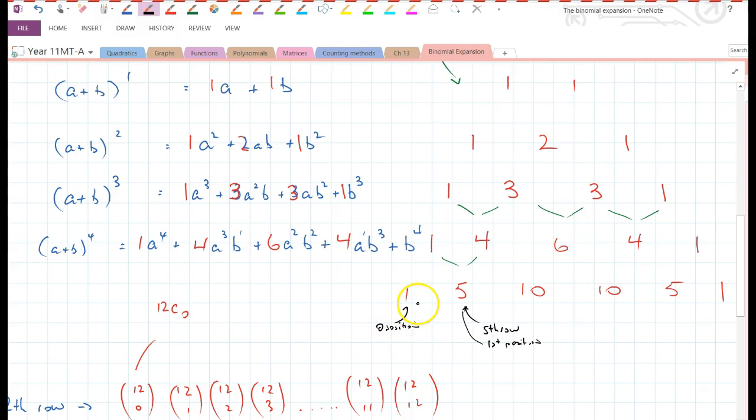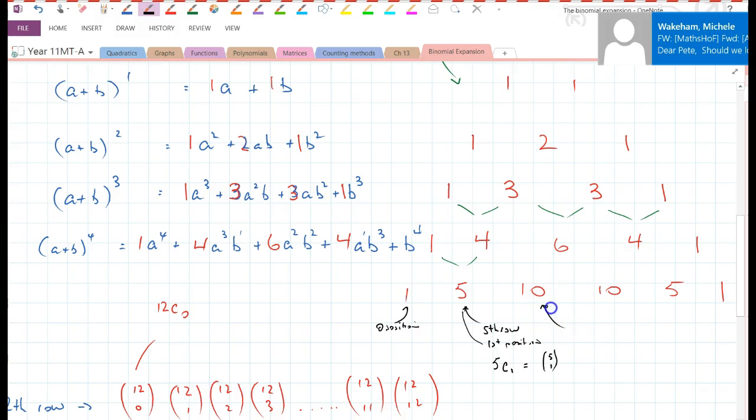Everyone knows that. So 0, then the first position: 1, 2, 3, 4, 5. And so if this is fifth row first position, the calculation of that particular value is 5C1. I'm going to write that as 5,1 like that. And you know how to find 5C1. This one here, therefore, would be what?